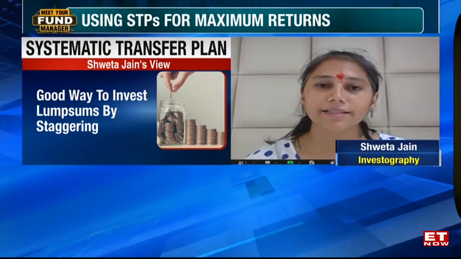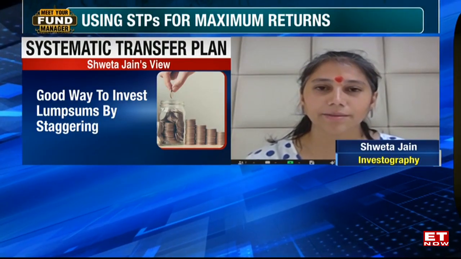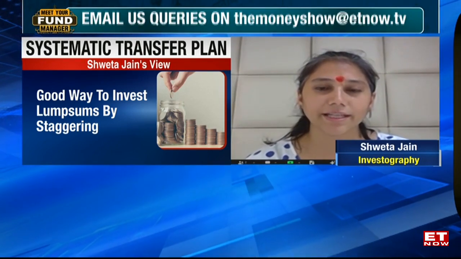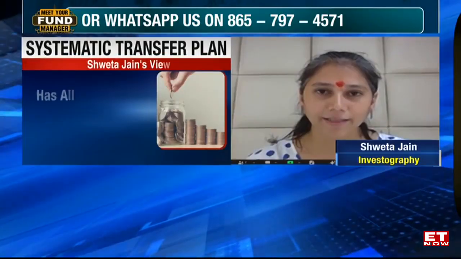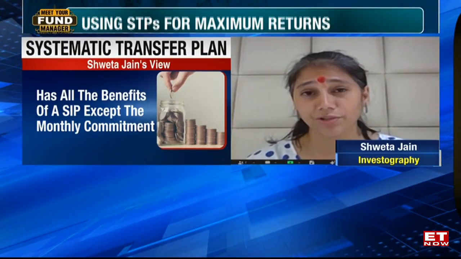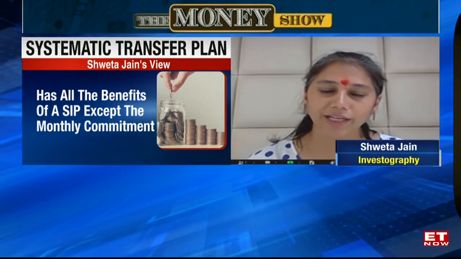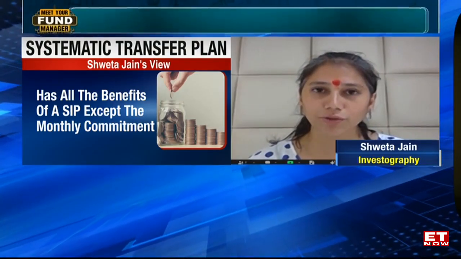Right? It is a very simple process. You invest the lump sum money that you have in, say, a liquid fund, right? And from that fund, you give an instruction for an STP, a systematic transfer plan, to get into an equity fund. So you get the advantage of rupee cost averaging.